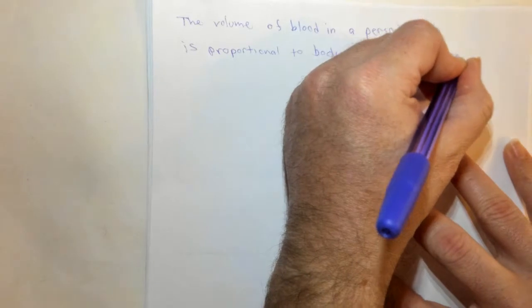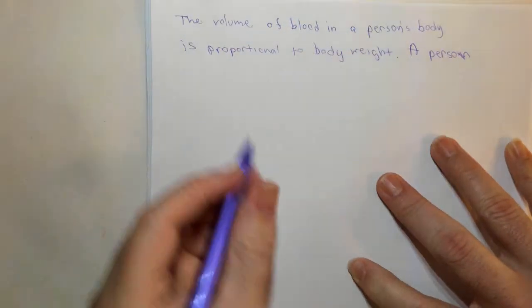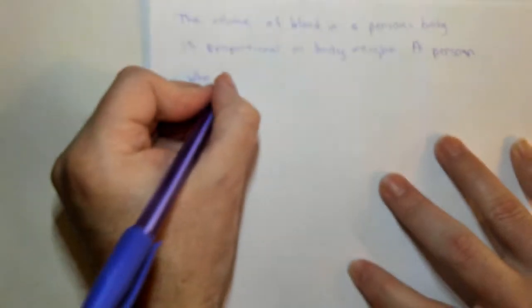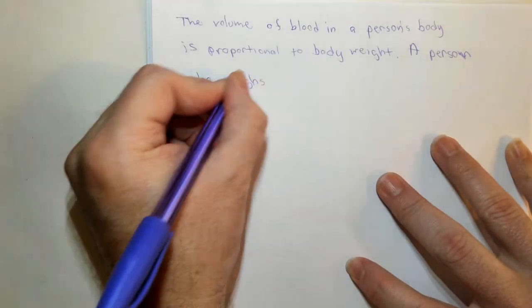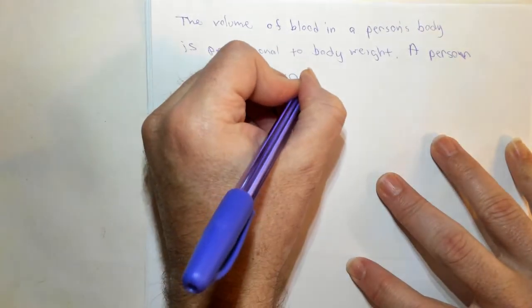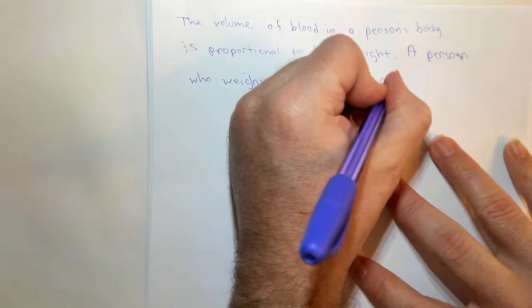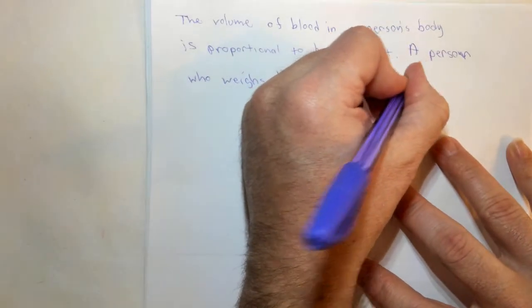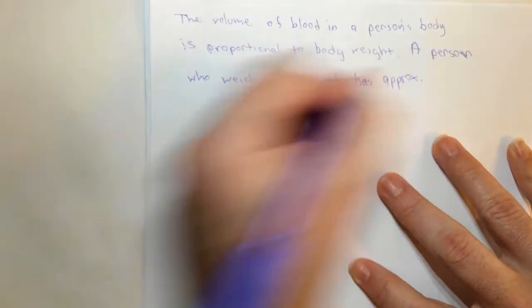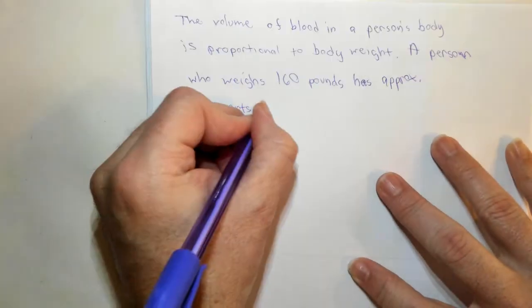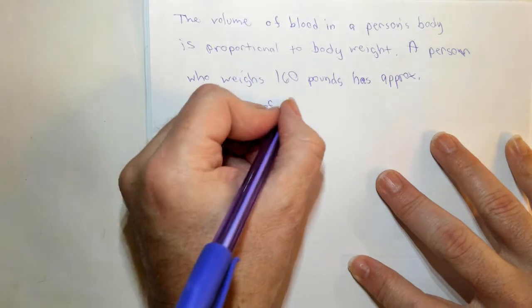So a person who weighs 160 pounds has approximately 5 quarts of blood.